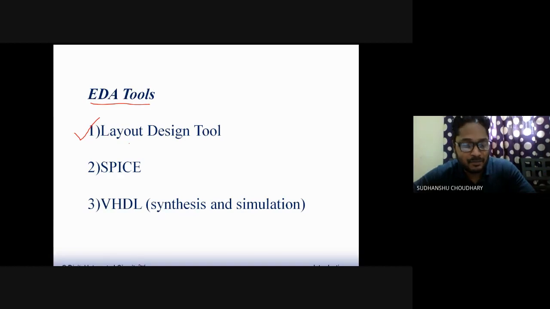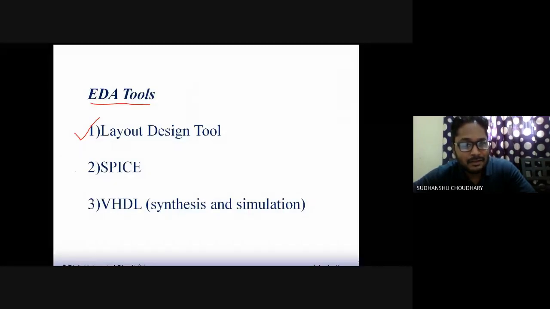Because the foundry which would be fabricating your digital IC only understands the layouts. So one has to provide the layouts, and from the layout, the fabrication unit extracts the GDS2, it is called netlist, and from that netlist they prepare the mask, and from the mask they fabricate the ICs. Yeah? So we will learn in this course how to draw or design the layouts.